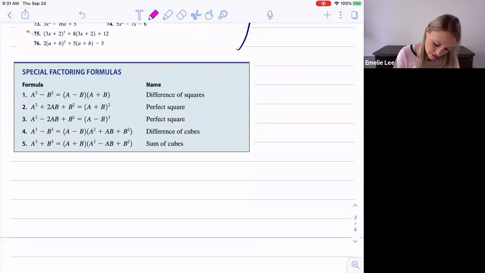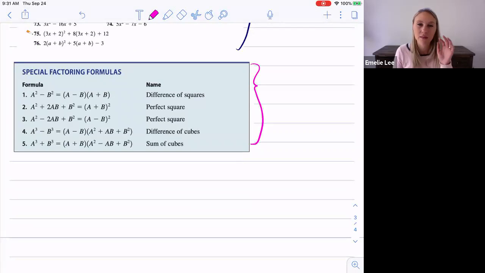I will say that these special factoring formulas will be useful to know and recognize, right?